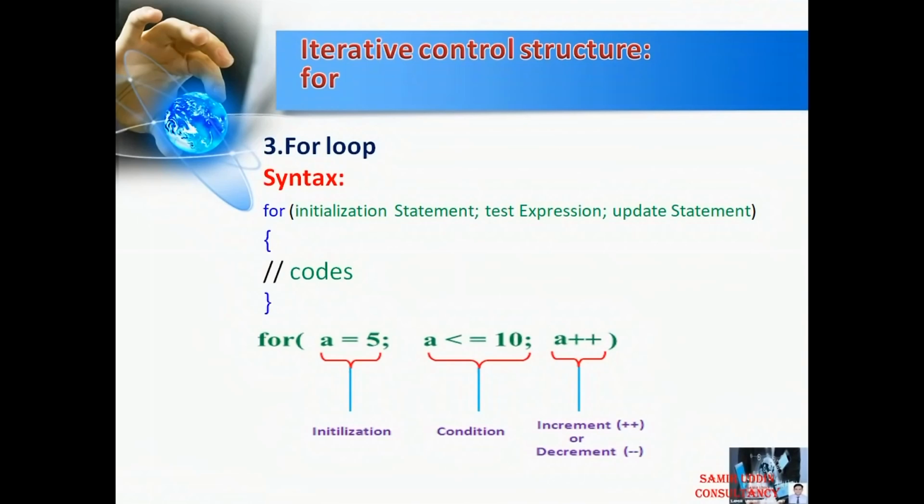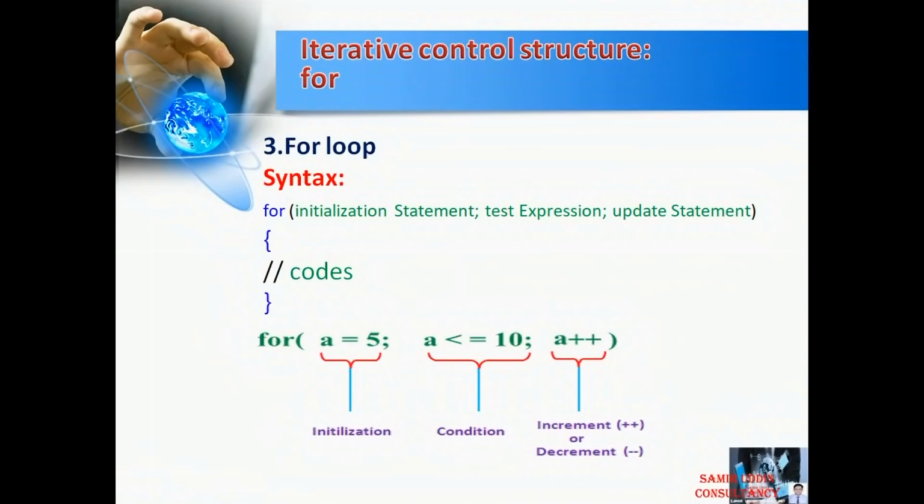As we know, there are three things that control the looping activity. The first section is called the initialization section, where we usually write the initial assignment. When the control enters the for loop for the first time, whatever we write there will execute. Then the termination condition and modification of the variable take place.